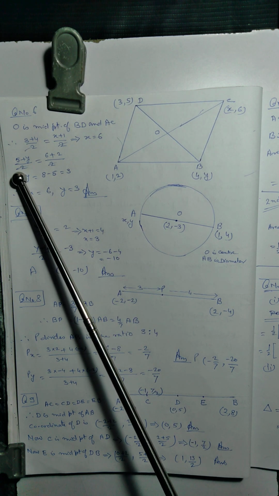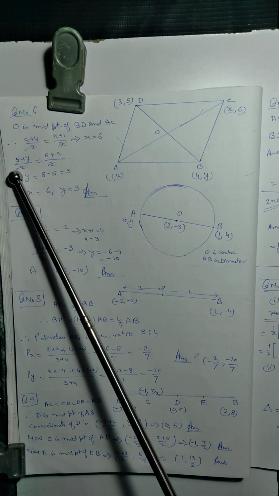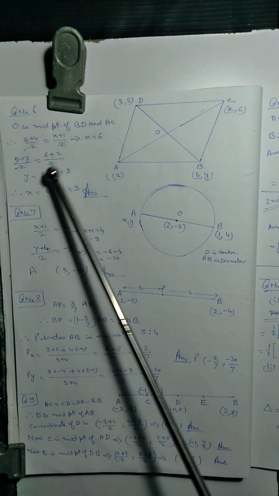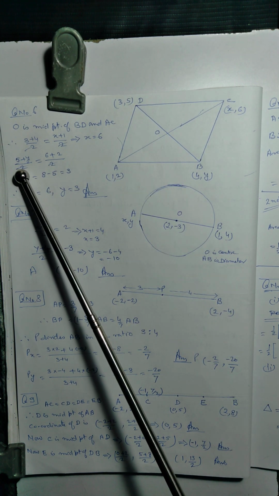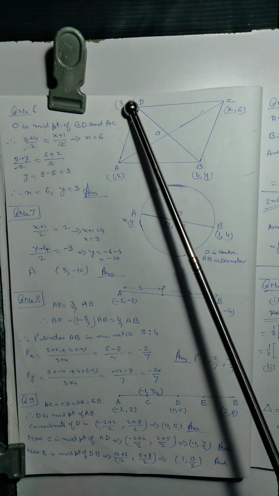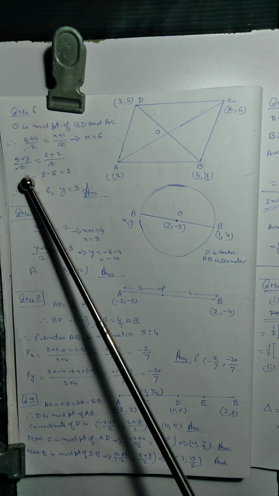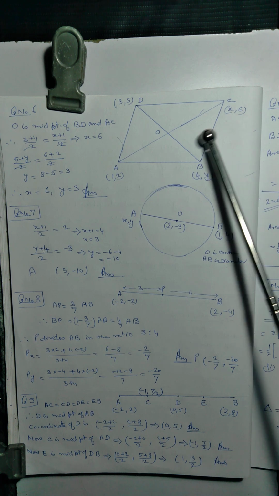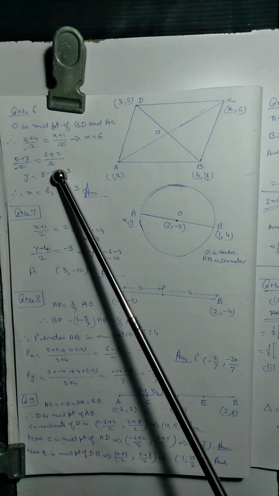Now similarly for the y ordinate, or y coordinate, you can say, for the point O, that will be (5 plus y) by 2 is equal to (6 plus 2) divided by 2.